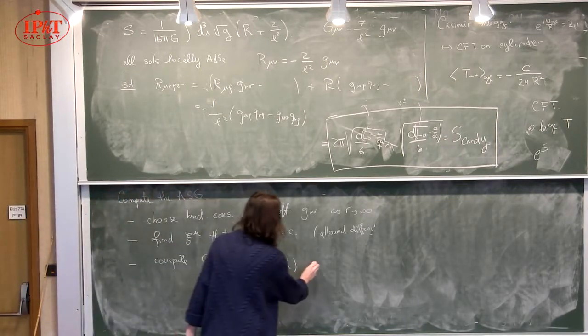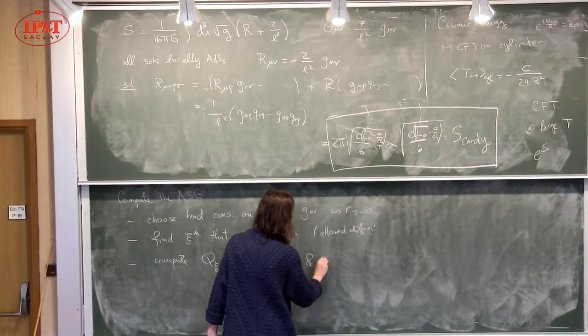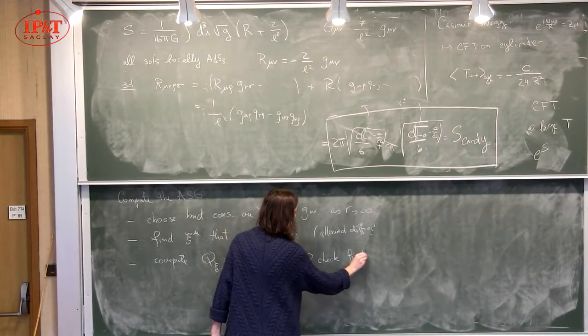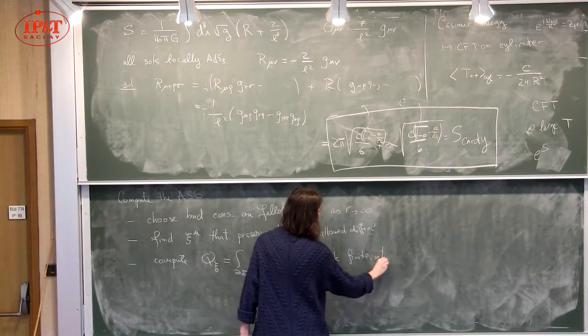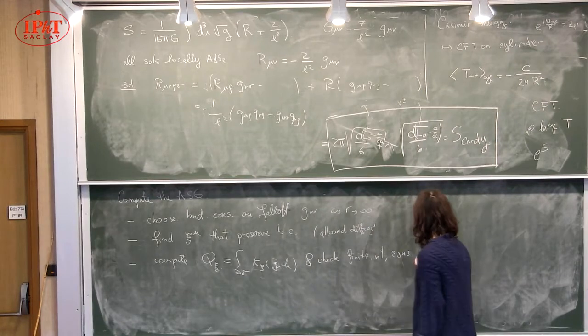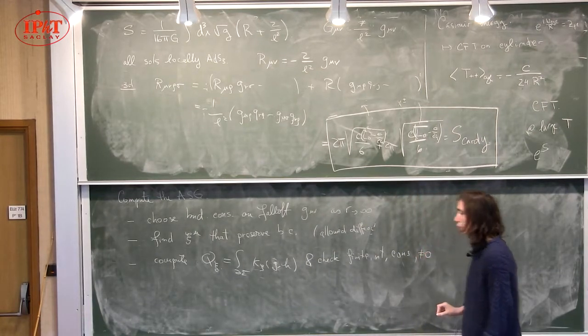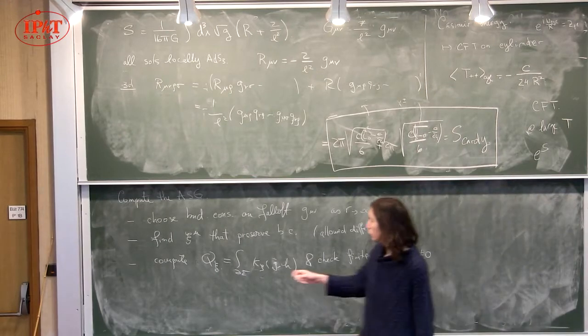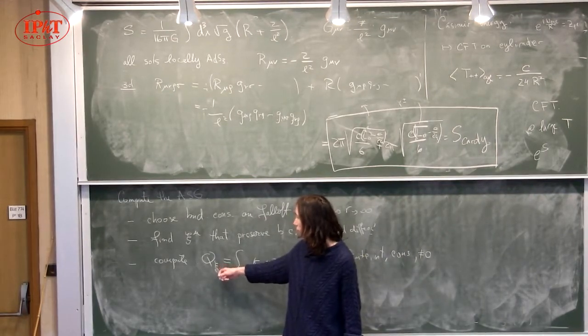And check whether they are finite, integrable, conserved. And of course, one should also check whether they're non-zero. If they're zero, that just tells us that the associated diffeomorphism is trivial.